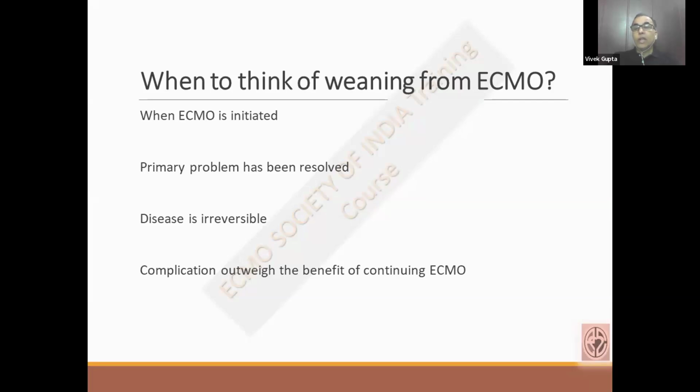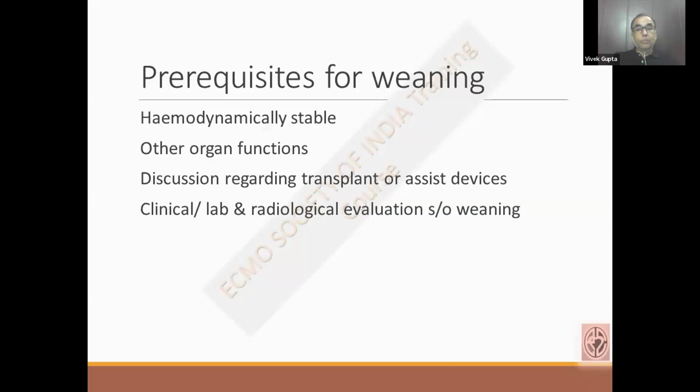For example, if a patient is bleeding massively and the cardiac function or the lung function has started recovering, and we feel that this patient may sustain without ECMO support, because you cannot run ECMO for a very long time without anticoagulation, except that in VV ECMO it is very high. So you have to think and you should start weaning this patient from ECMO when you feel that there is more risk of having a problem.